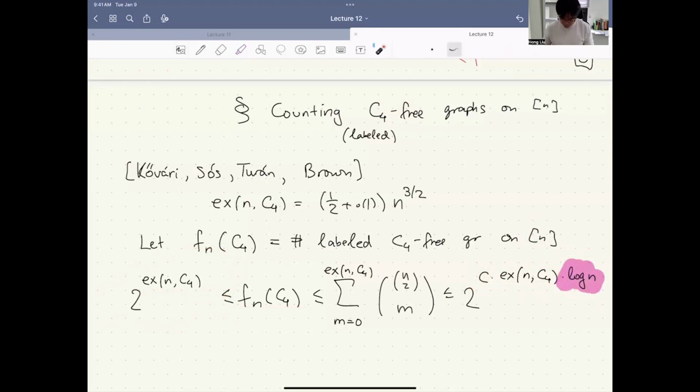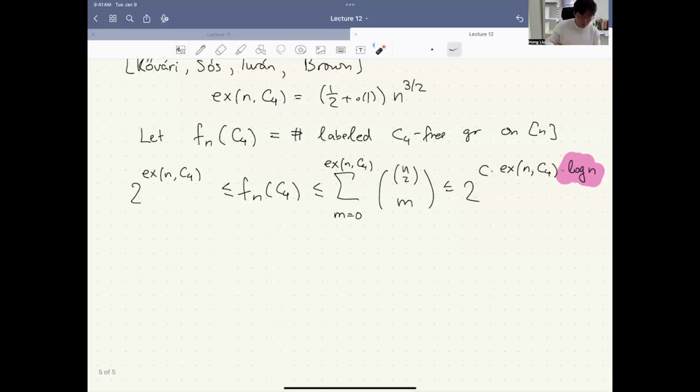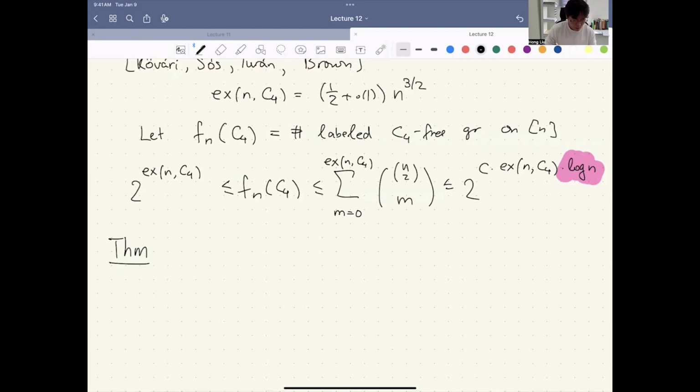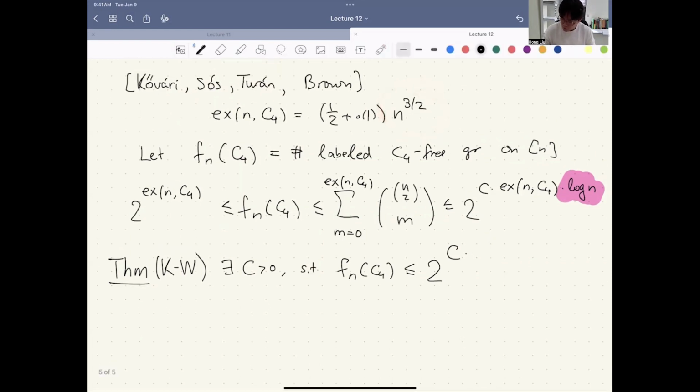Theorem, Kleitman and Winston: there is an absolute constant c such that f_n(C4) is at most 2 to the c times the extremal number. Well, the extremal number is this order of magnitude, so let me just write n to the 3/2. This is the second proof we're going to see.